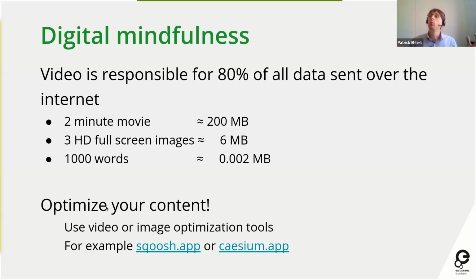So there may be very good reasons to put that 2-minute movie on your website, because it's the best way for your purposes, for your audience. But even if you do it, you can optimize things. The example here shows that especially a video has a large impact. Second come images, and both can be optimized. There are all kinds of tools. The examples are online tools like Squish.app or Cesium.app that can very easily compress images in this case.